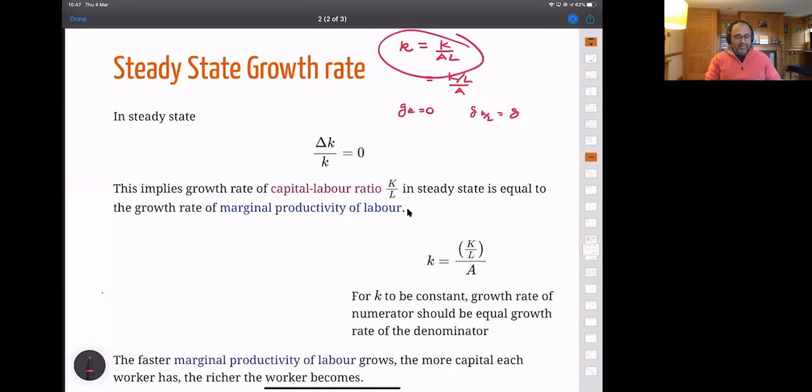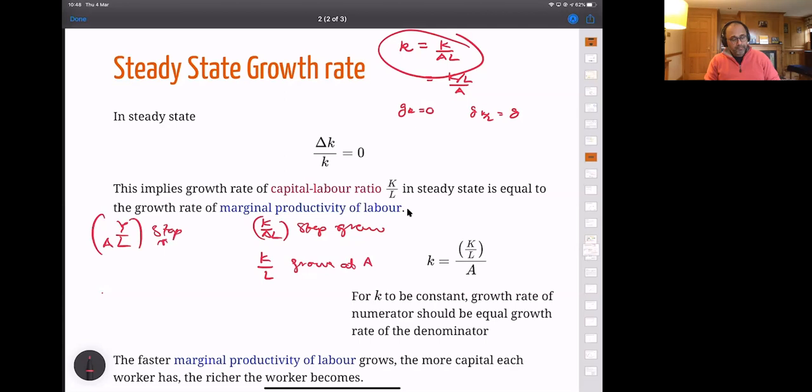But from the perspective of living standards, what you're interested in is Y over L. So in steady state, if K over AL stops growing, that means K over L grows at the rate of A. That means in the steady state, Y over L is growing at the rate of A.